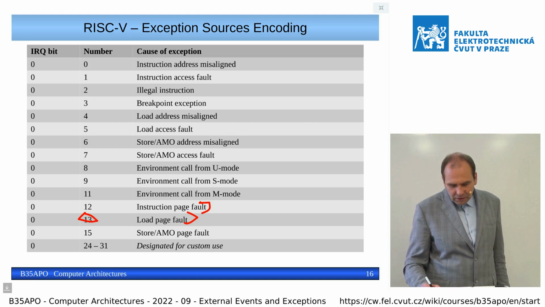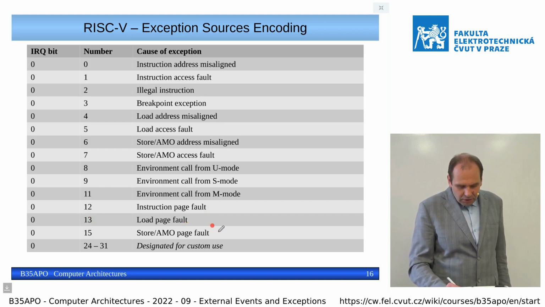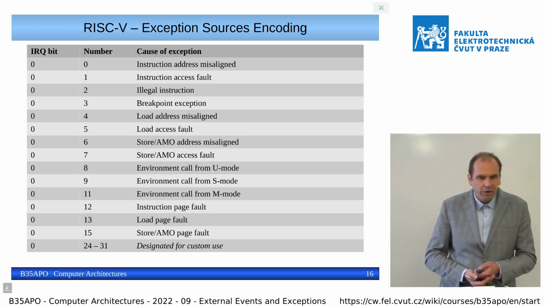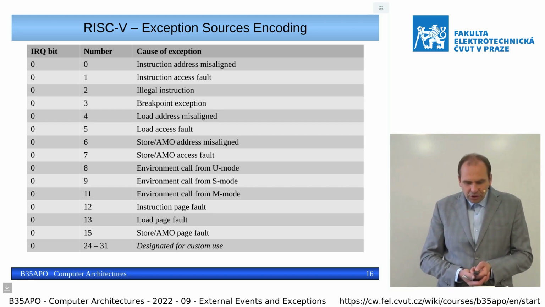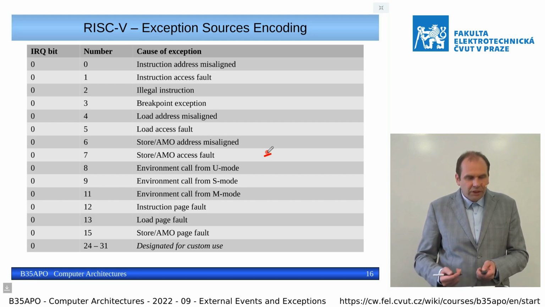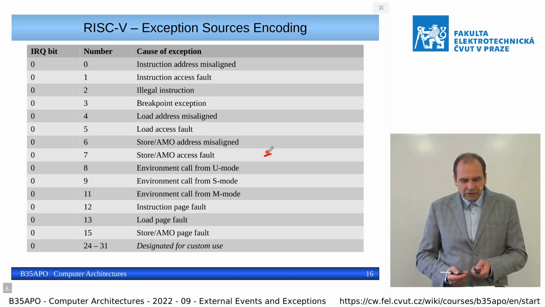So basically, there is a problem with traversing the page tables and so on. Store page fault, and then there can be some other exceptions which are specific to the concrete implementation. So those are the synchronous ones, which are caused by the actual instructions.